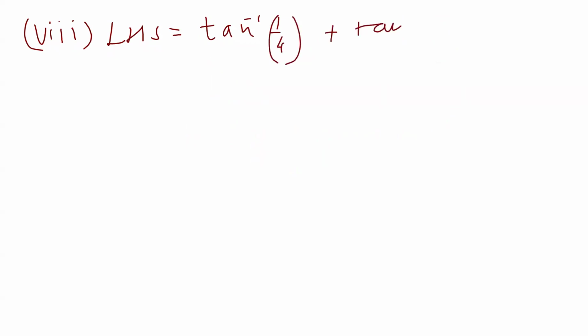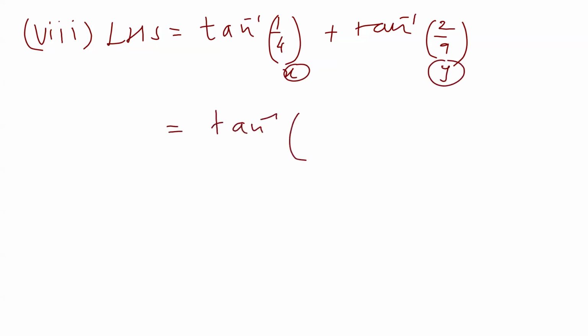Question number 8. LHS is equal to tan inverse of 1 by 4 plus tan inverse of 2 by 9. So tan inverse x plus tan inverse y, that formula you can use and you can get the answer.